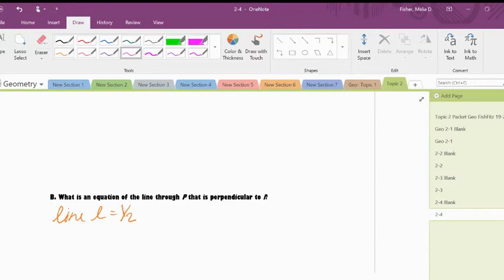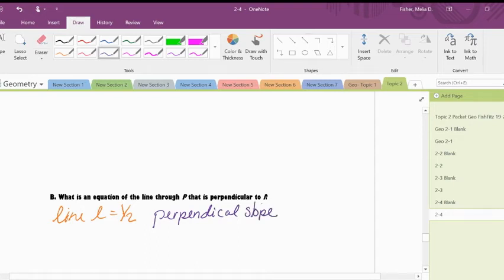The perpendicular slope takes that 1/2 and flips it upside down, so we have 2/1, and this was positive and this becomes negative, and so that simplifies to -2.